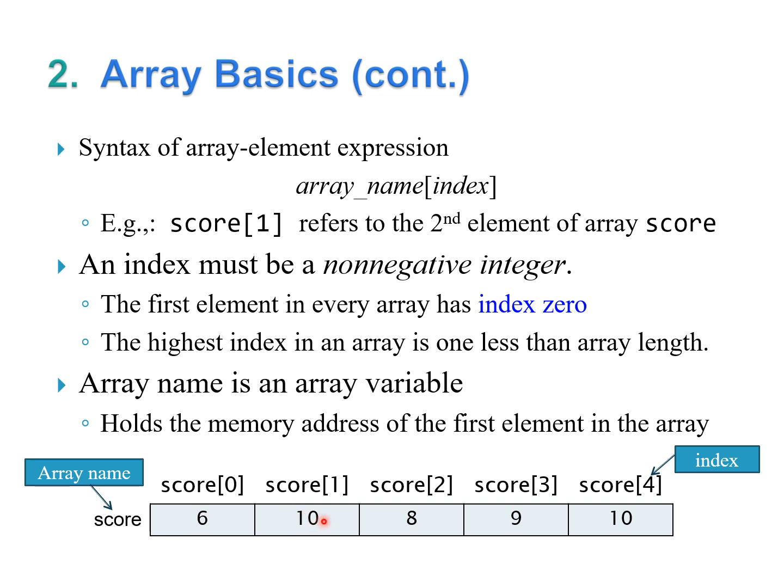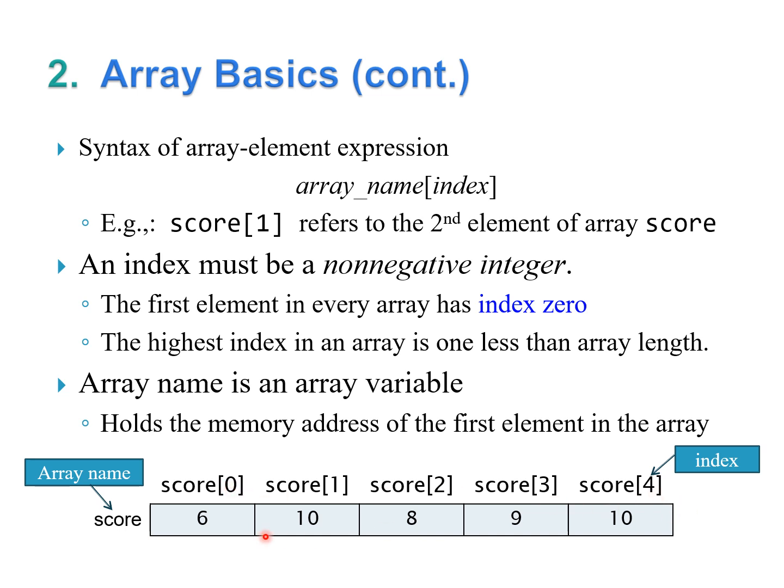An index must be a non-negative integer, that is, a whole number larger than or equal to 0. The first element in an array always has index 0. So the highest index in an array is 1 less than the length of the array. For example, if array score has 5 elements, then its indexes are from 0 to 4.